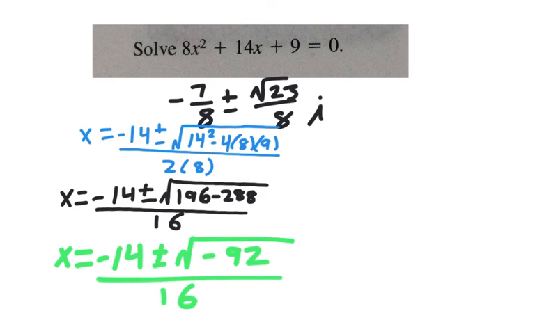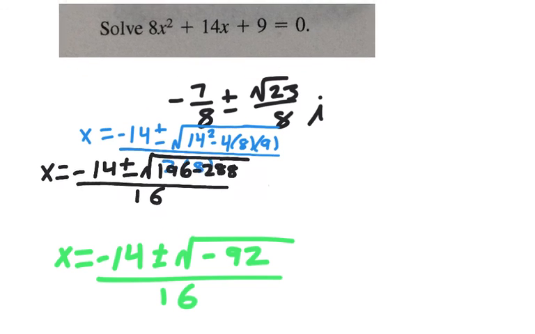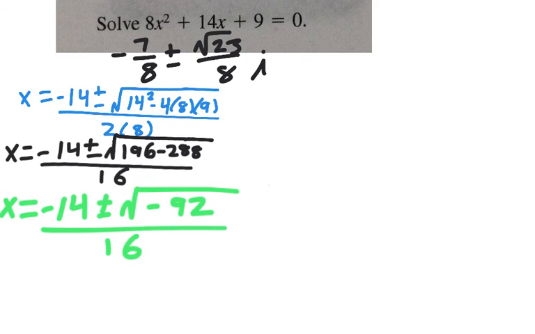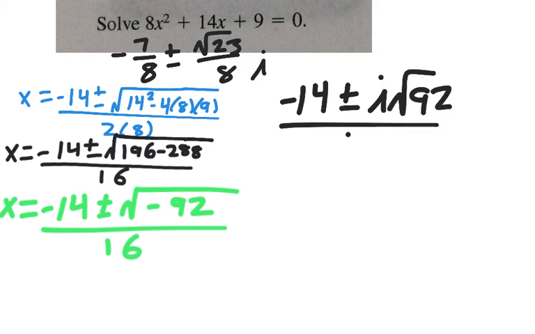I'm going to get rid of that negative underneath the radical, so that's negative 14 plus or minus i radical 92 over 16. If you've got a Casio, you can put in 92. If you don't, trial and error.